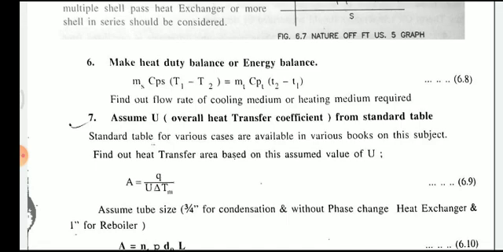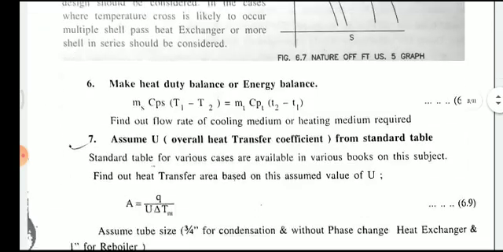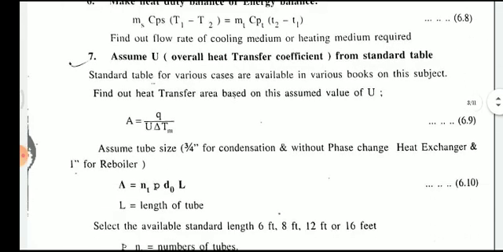So for the shell side, it is m of s Cp s (T1 minus T2). Then it will be equal to the tube side, that is m of t Cp t (t2 minus t1). The next parameter is the overall heat transfer coefficient.